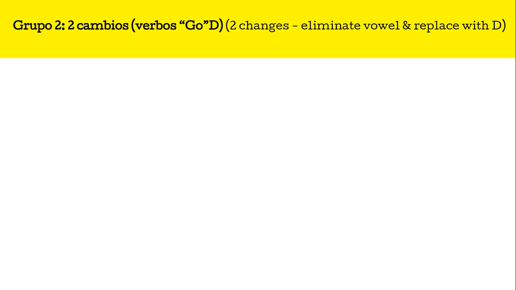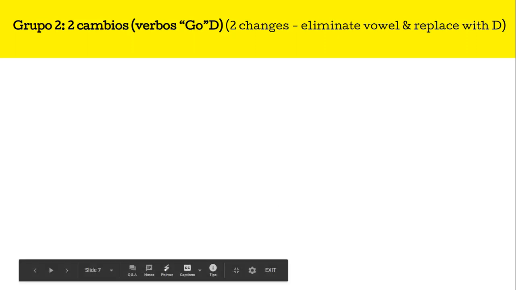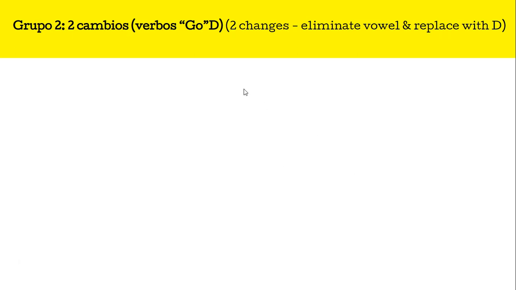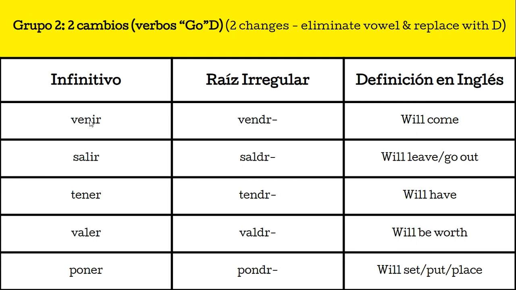The second set are verbs that are normally go verbs in the present tense. These ones are going to get some things eliminated, and we're going to replace things with a D. So normally we can think of venir in the yo form, in present tense, vengo. So what we're going to do now is drop the I and add a D. So eliminate the vowel, I, replace with D. To say, you will come to the party, vendrás a la fiesta.